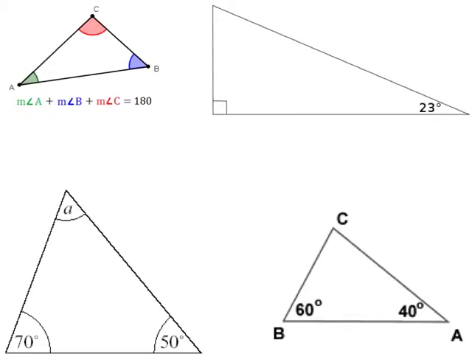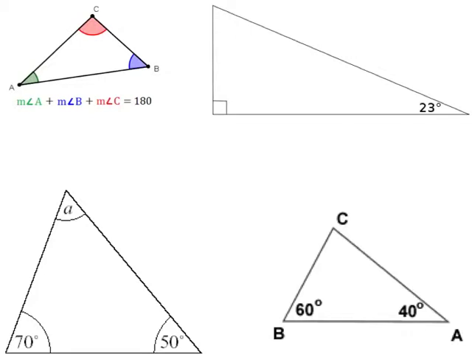In any triangle, no matter whether it's based on angle measures or the sides, there will be 3 angles, and the 3 angles together will never measure more than 180. They will also never measure less than 180.